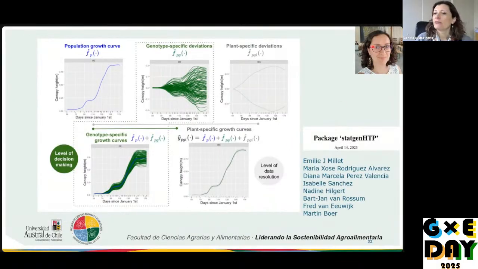And here, my former colleague, Emilie Millet, was working on a nice package called StatGen HTP. You can find it on CRAN, to model how these dynamics can occur for the whole population or for each of the genotypes.